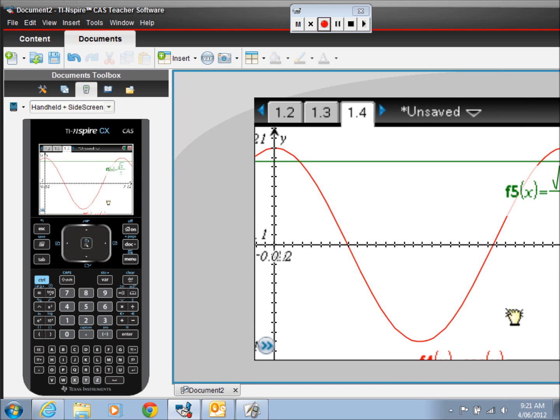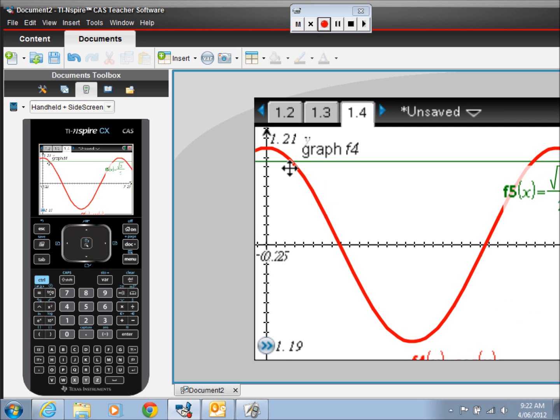Okay, so you can see we've got this angle up here which is really close to the y-axis, that one there, and the other one over here in the fourth quadrant.